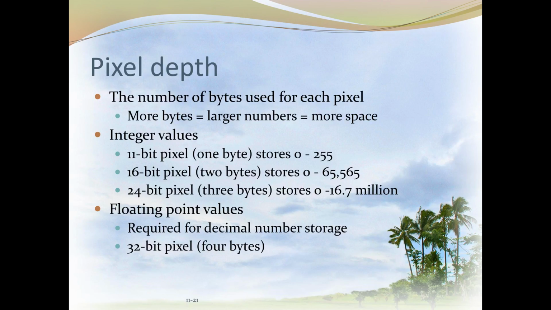Okay, let's look at the pixel depth. That is the number of bytes used for each pixel. So when we have more bits per pixel, we can store larger numbers but need more space.